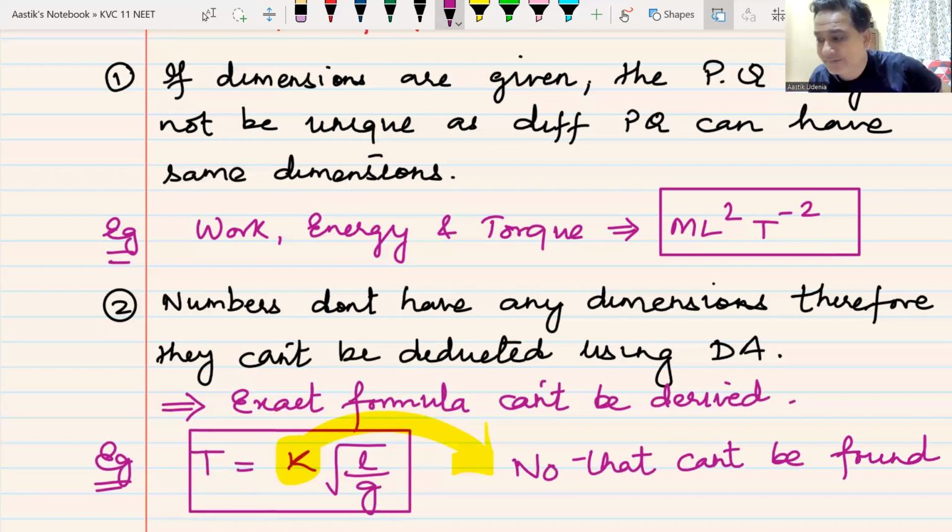K was a number, it could not be found. This number could have been 1, 2, pi, anything. We cannot find out the exact formula for a physical quantity because the number that comes in that quantity does not have any dimension, and that number cannot be determined. Do we understand this?